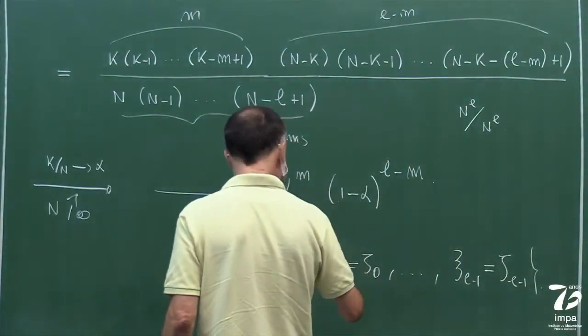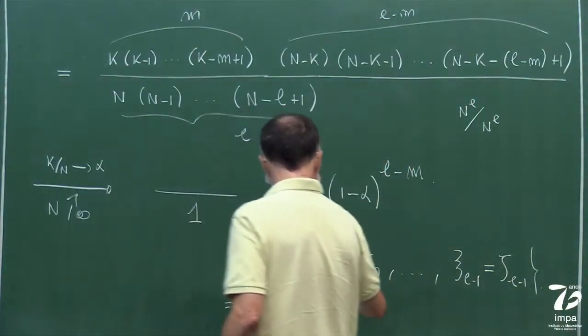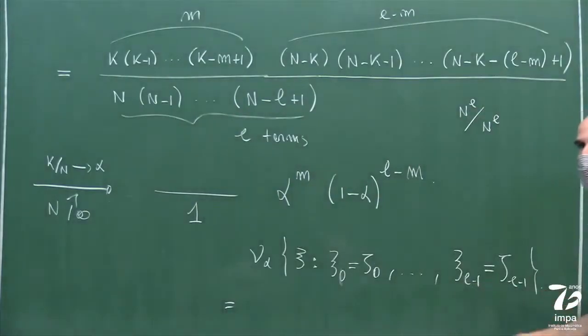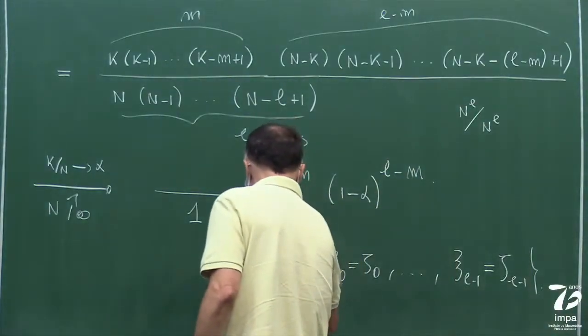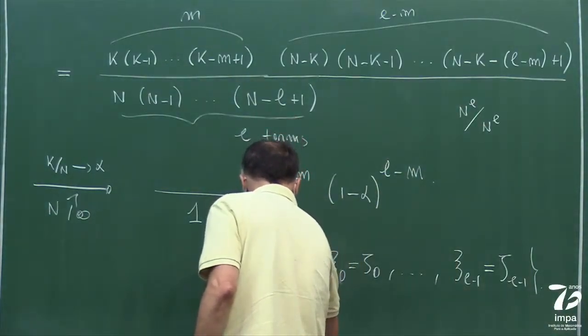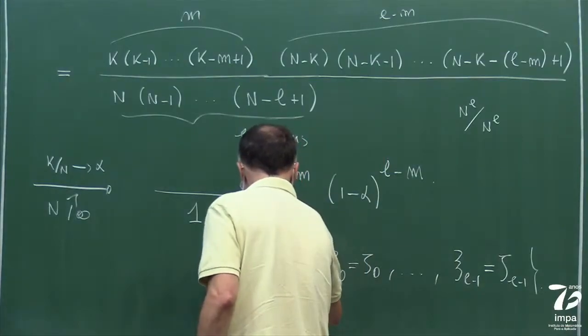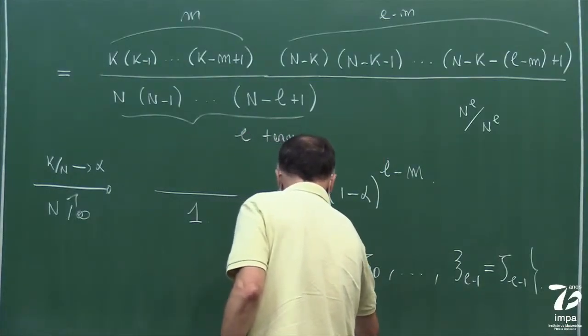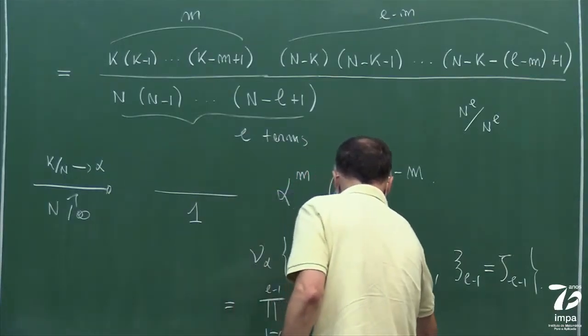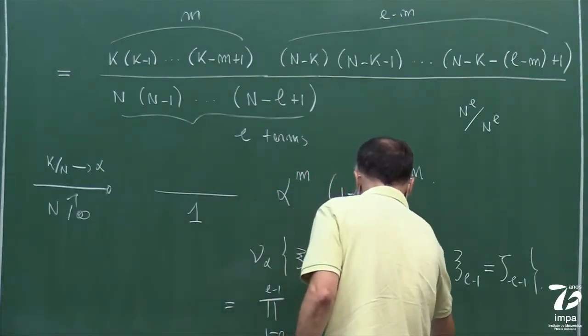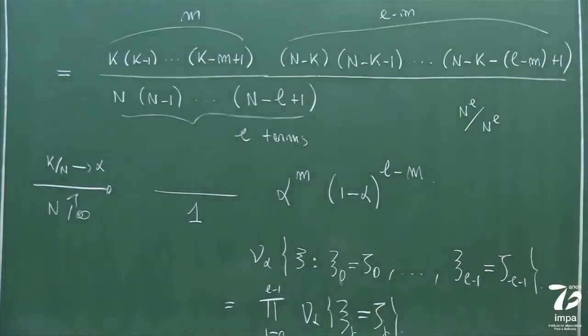Well, the variables xi 0, xi 1, up to xi L minus 1 are all independent. So the probability of this event is equal to the product, j from 0 to L minus 1, of nu alpha of xi j equal to zeta j, because they are independent.